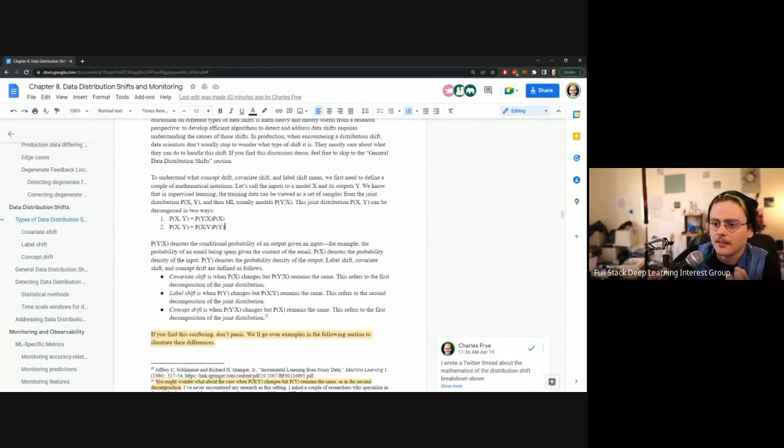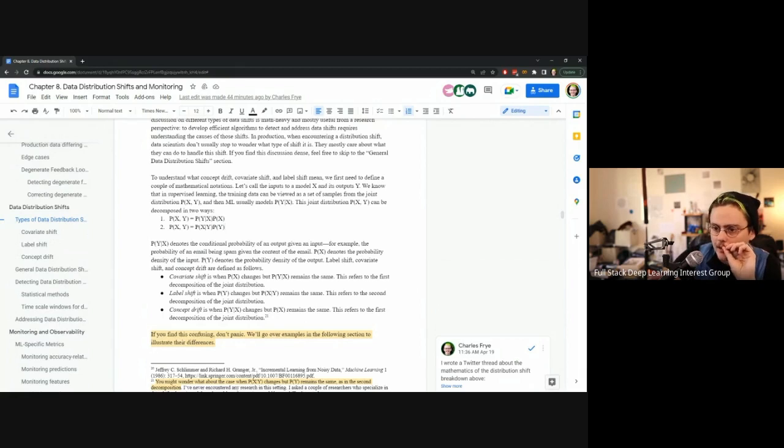And to get the different types of distribution shift, we ask what happens when one of these is fixed and the other one changes. Covariate shift is when your input data changes, but the relationship between the input data and the targets doesn't change. Label shift is when the labels change, but the likelihood that goes from these labels to the data, the relationship between the labels and the data, doesn't change.